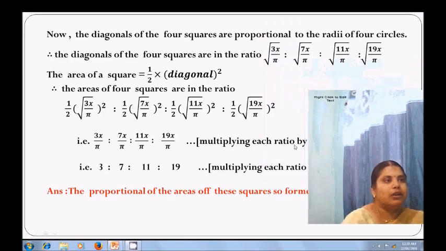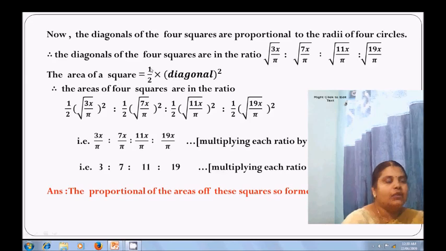The diagonals of the 4 squares are proportional to the radii of the 4 circles. Therefore, the diagonals of the 4 squares are in the ratio root 3x/pi : root 7x/pi : root 11x/pi : root 19x/pi.